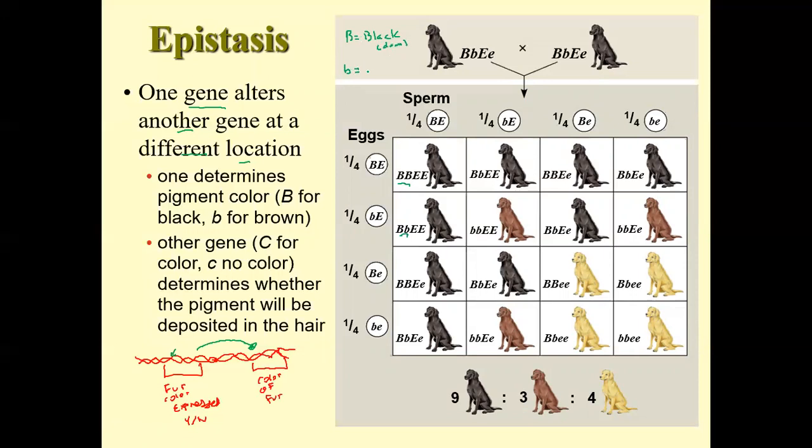Little b is going to be brown, and that is actually going to be recessive. So it's the big B and the little b that are determining the color. But what about the E? And that's where things get a little bit interesting. So if you notice when you look over here, you're saying, well, I have a black lab, I have a brown lab, but then I have this golden lab.